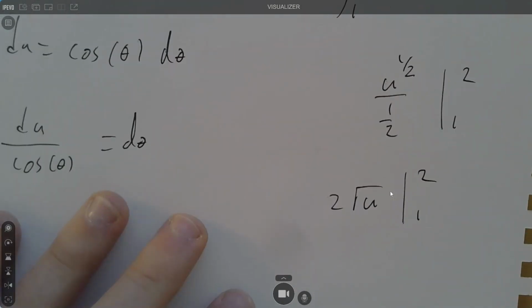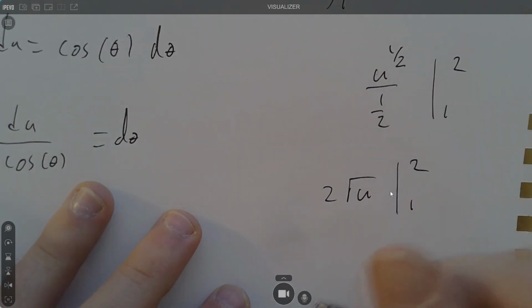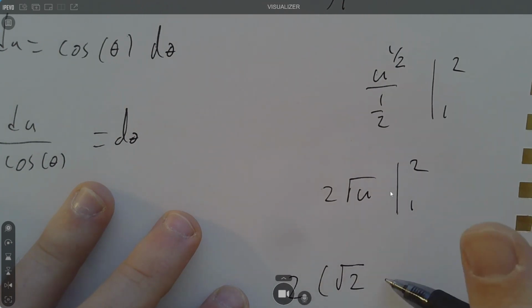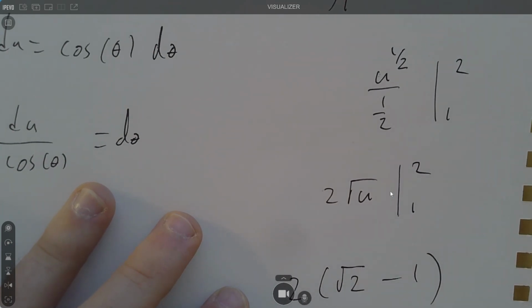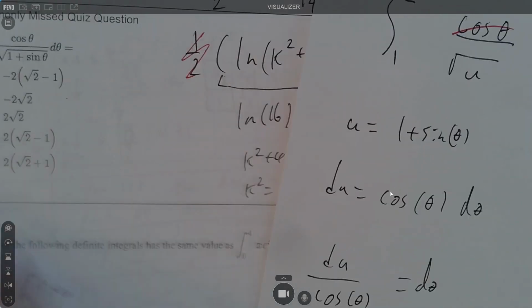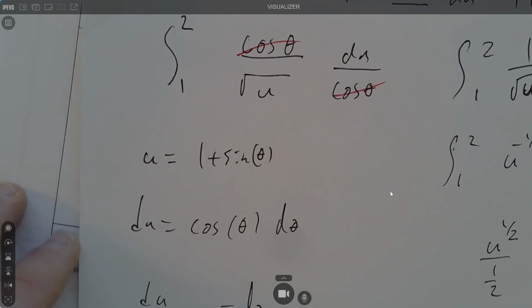Okay, so when you plug this in, you're going to get 2, and then root 2 minus 1. Okay, and so that's the answer. 2, that's D, 2 root 2 minus 1. Okay, so your u is 1 plus sine theta.